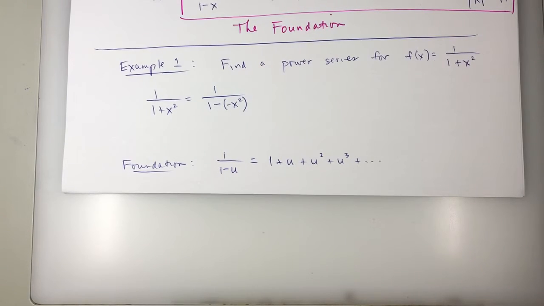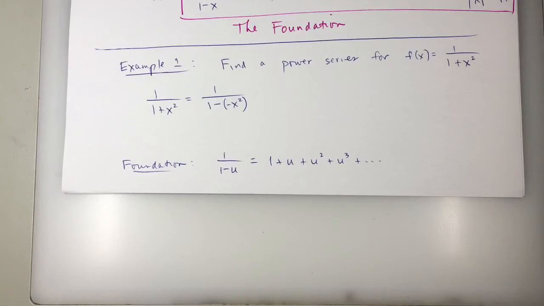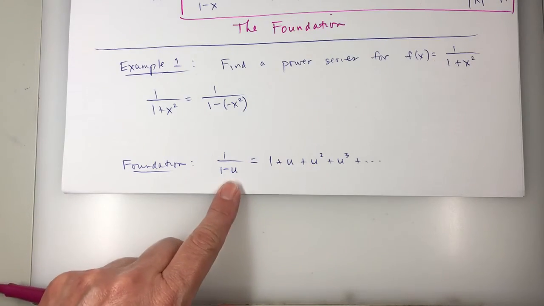And really, now as I'm looking at my problem, my example number 1, negative x squared equals what? Equals u. So you're used to u substitution. So kind of like to maybe take that, what I've called the foundation, and write it with a u.